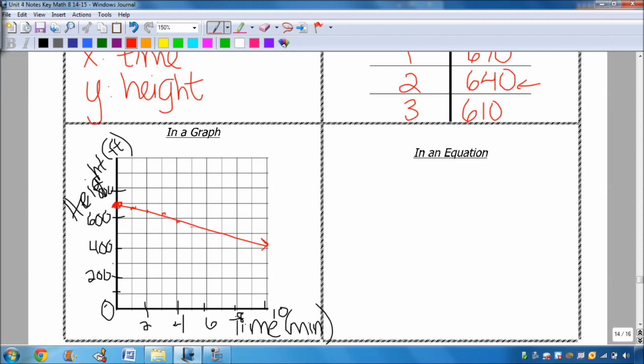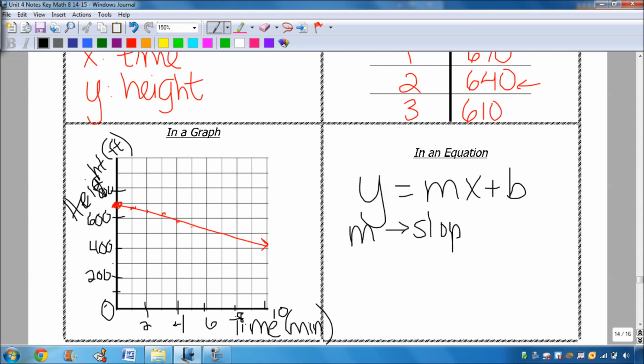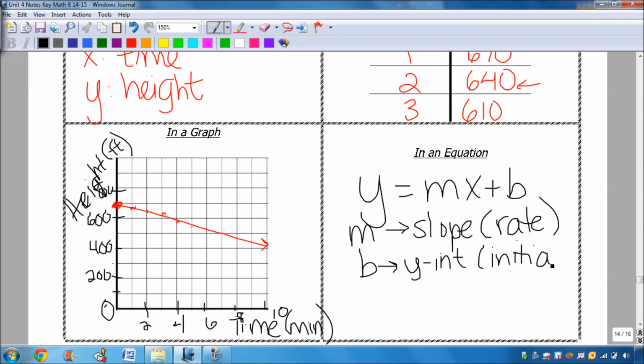Now, in an equation, well, y equals mx plus b is the general equation of a linear relationship, where m is the slope. But remember, we also call the slope your rate, okay? How fast something is changing, and b is your y-intercept, but your y-intercept is always your initial amount, okay?